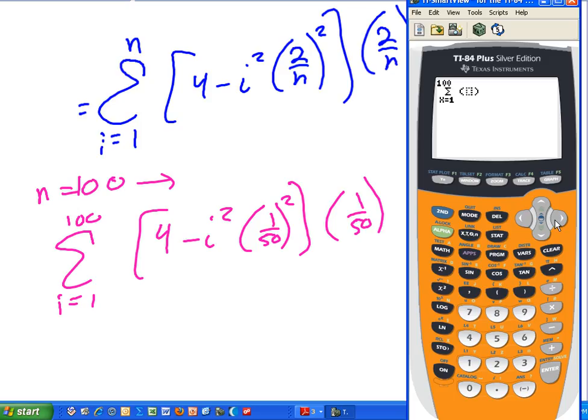So in parentheses, I've got 4 minus X squared, times the quantity 1 divided by 50 squared. Close that bracket, right? Times 1/50th. Should I just say divided by 50? Okay? Agreed?